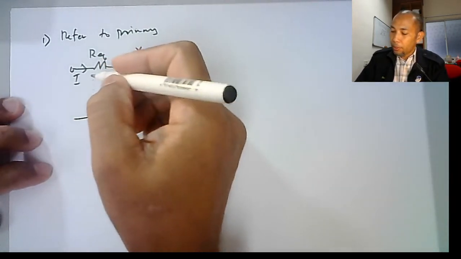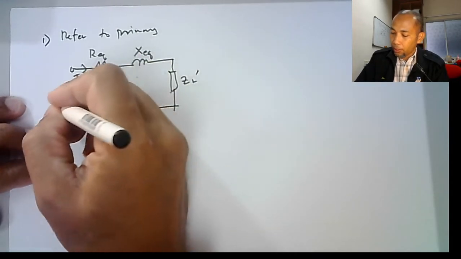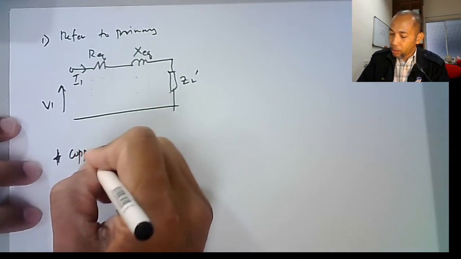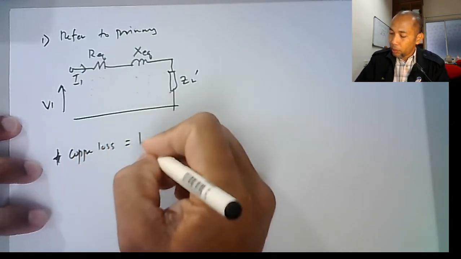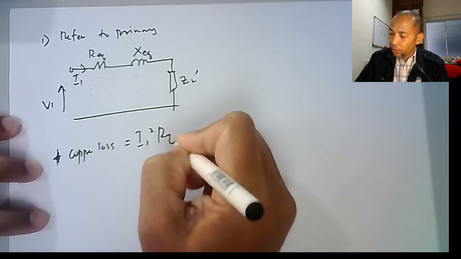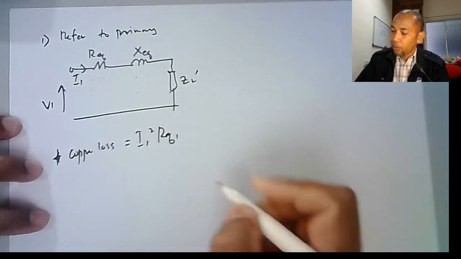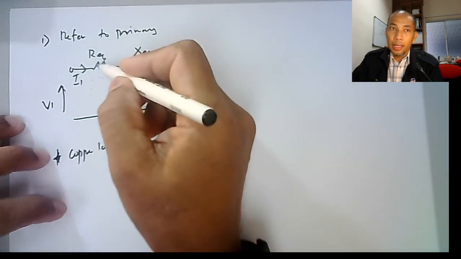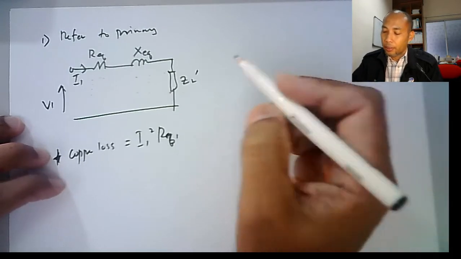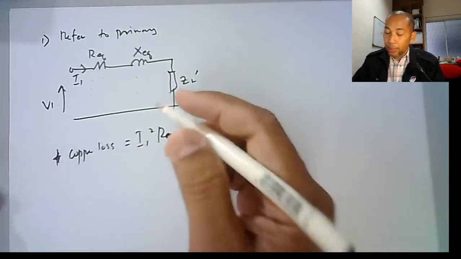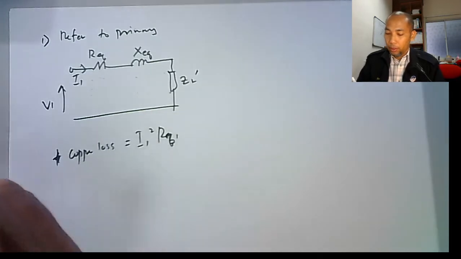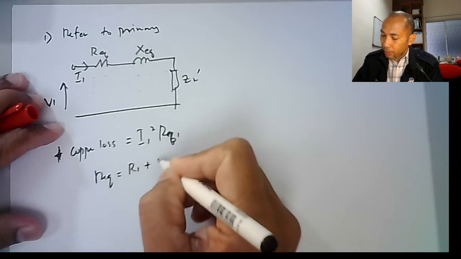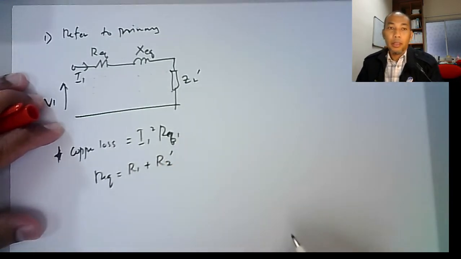In our transformer with I1 and V1, the copper loss will be equal to I1 square R equivalent 1. R equivalent is the total of R1 plus R secondary, where R secondary is referred to the primary.